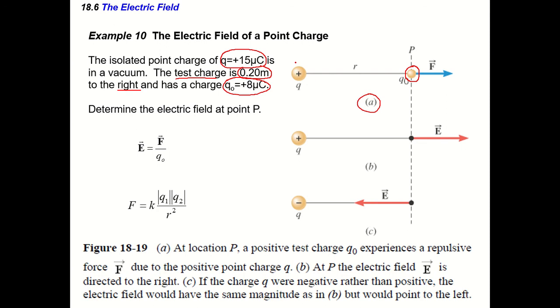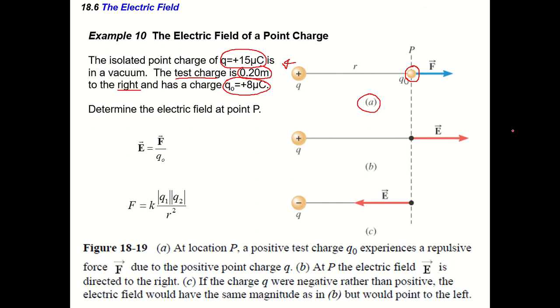This is due to the positive point charge Q. Then at point B, at P with reference to this picture, the electric field is directed to the right.